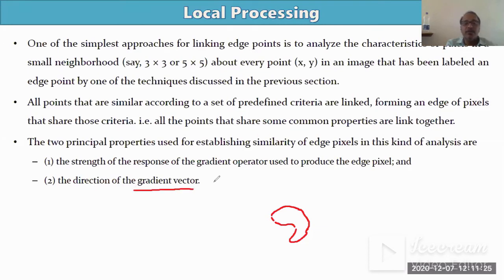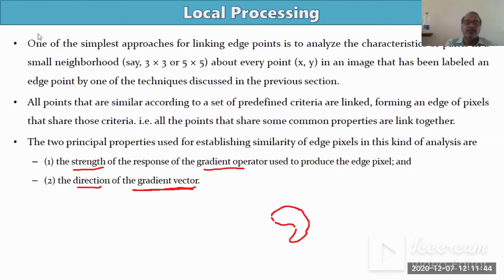So there will be two important criteria: first is strength of the gradient operator, and second is direction or angle of the gradient vector. Using these two criteria, we can say whether merging is possible or not, whether linking is possible or not.